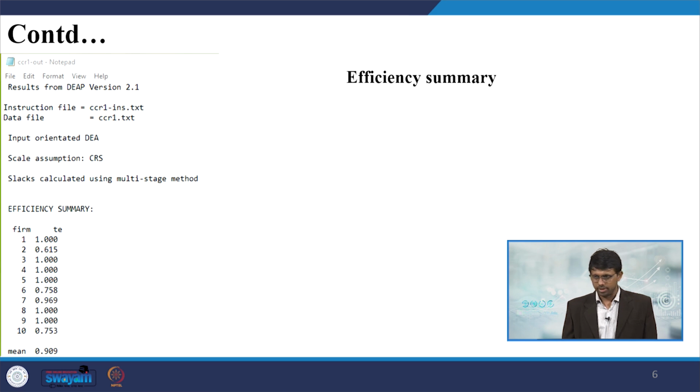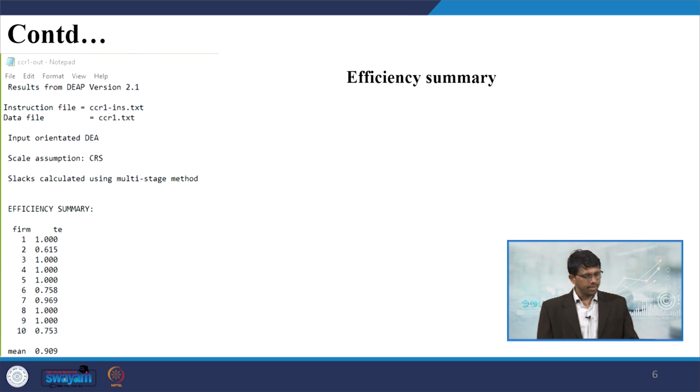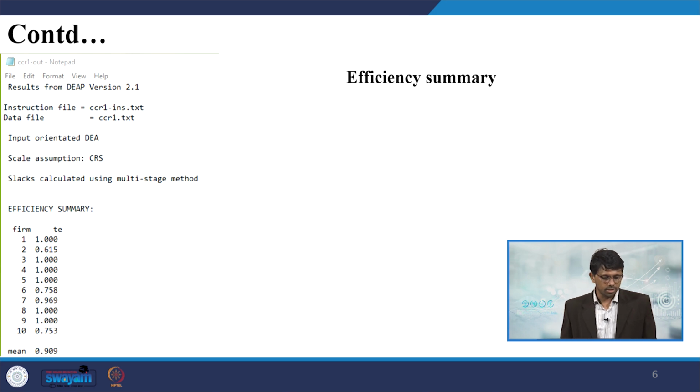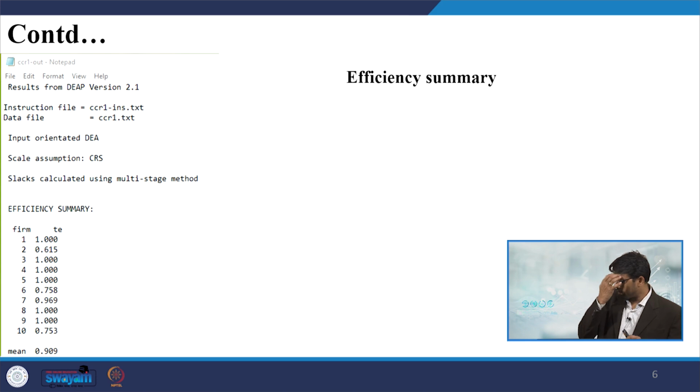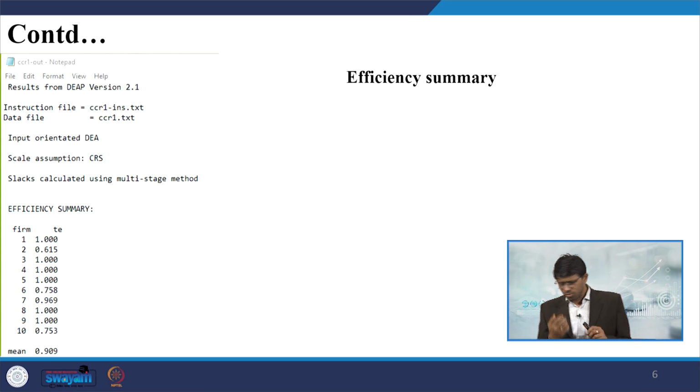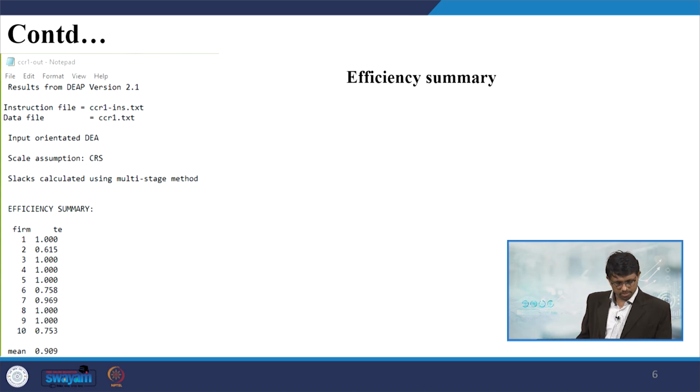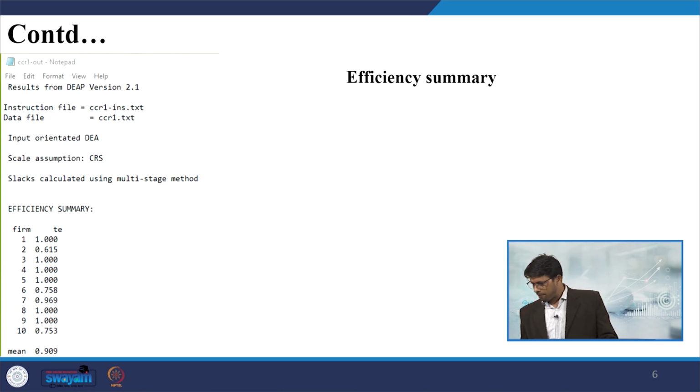From the data file we derived an input oriented DEA model, that is CCR-IN, as I mentioned. The scale assumption is of course CRS, constant returns to scale, and slacks are calculated using the multi-stage method. Slacks we already explained earlier in their basics. Now, I am just going to show you the basic result in the next screen.